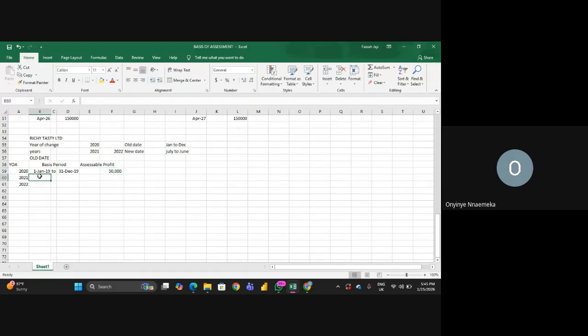So it means that this one is going to be the second day, 1st of January 2020 to 31st December 2020. 1st of January 2021 to 31st December 2021.